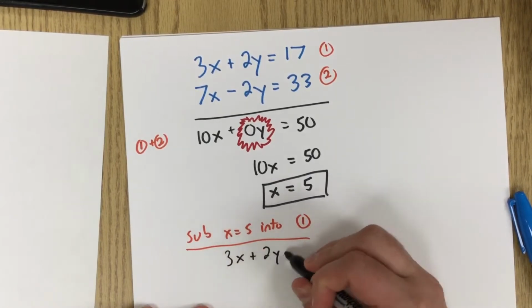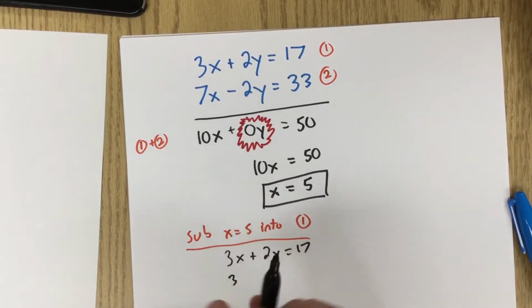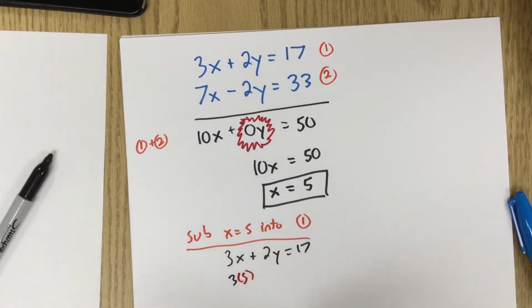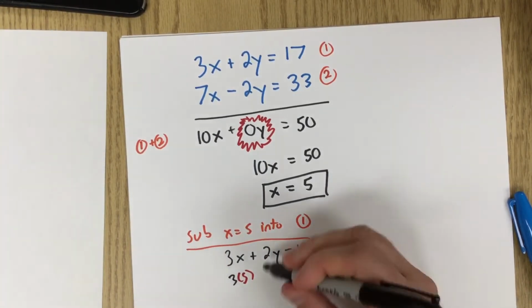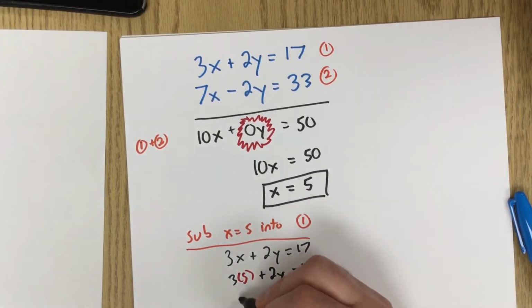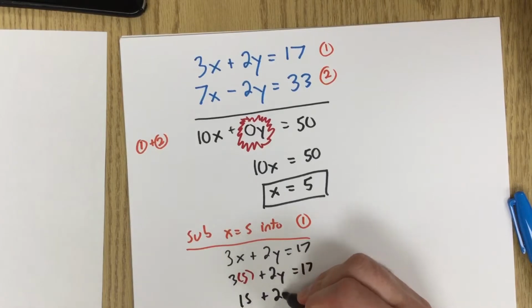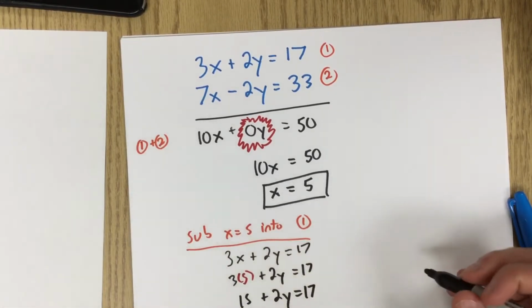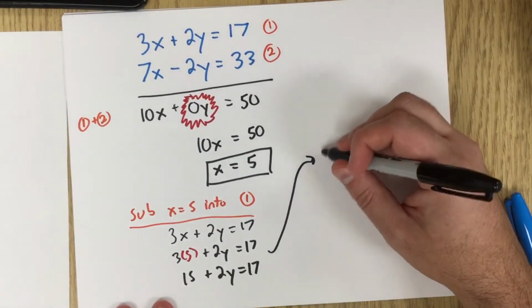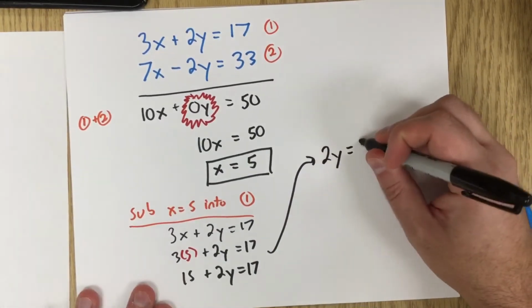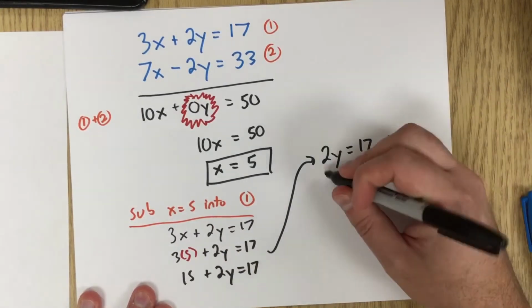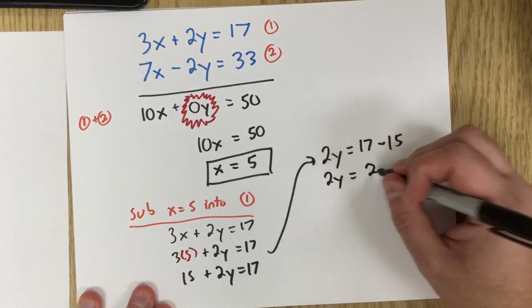3x plus 2y equals 17. Instead of x, we're going to write 5. 15 plus 2y equals 17. I'm going to cheat a little bit and go up to there. So 2y equals 17, bring the 15 over, and you get minus 15. 2y equals 2.